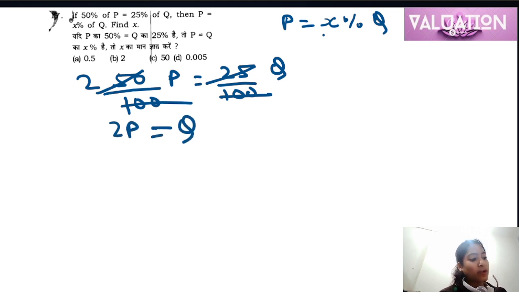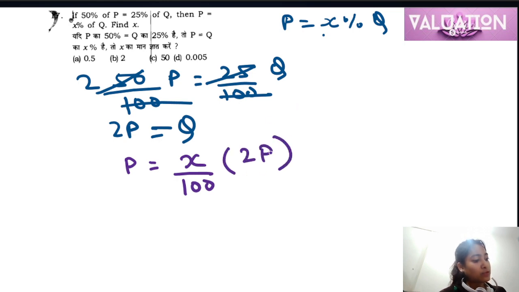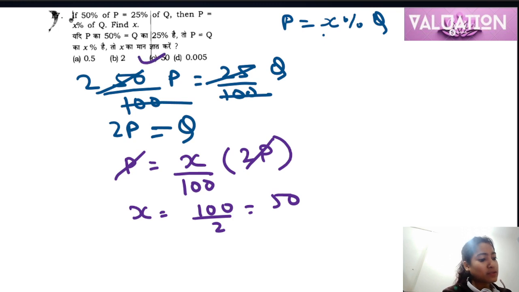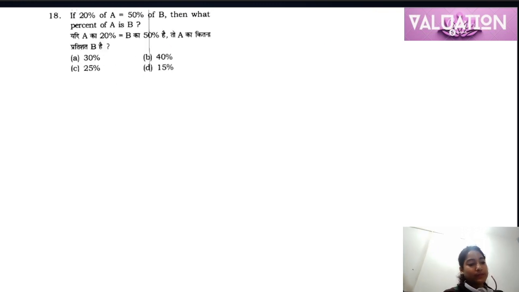So put the value of q in place of q. So we will get here p is equal to x% of 2p. So this p will cancel out. So from here we will get x is equal to 100 divided by 2, that is 50. So the answer is C. Option C is the correct answer. Let's move to the next question.